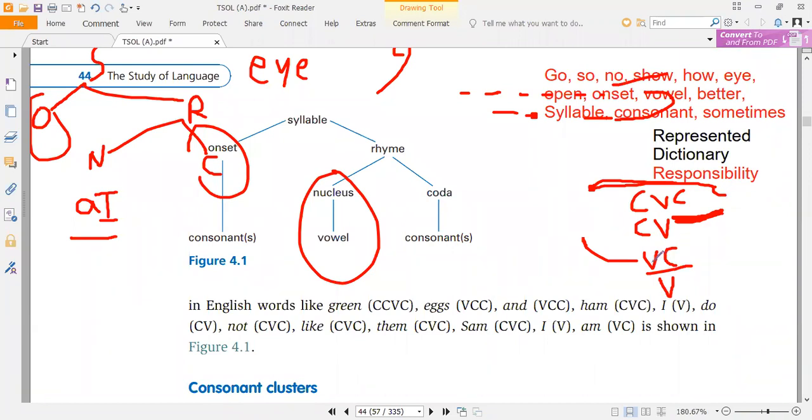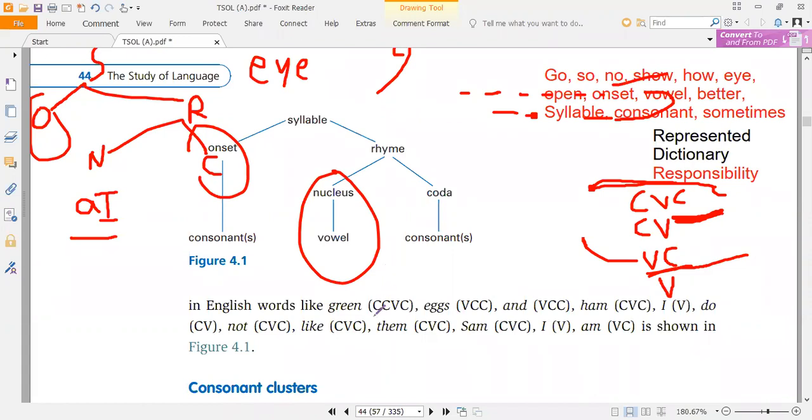We may have a syllable without an onset, which is the VC structure, vowel and consonant without the initial consonant. And we may have simply a V, the vowel sound without either the onset or the coda. So these are different syllable structures.